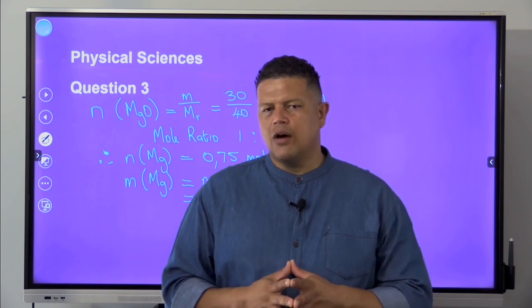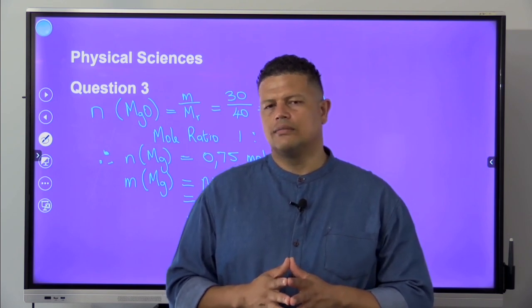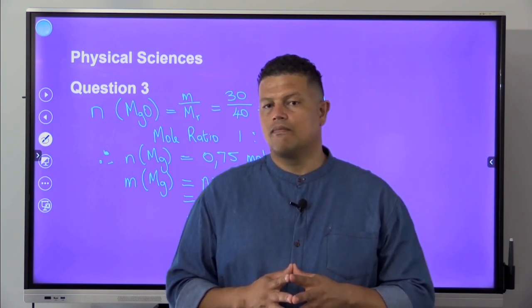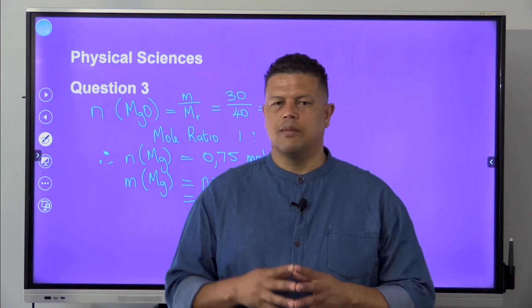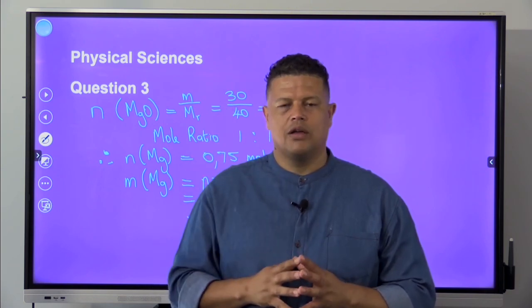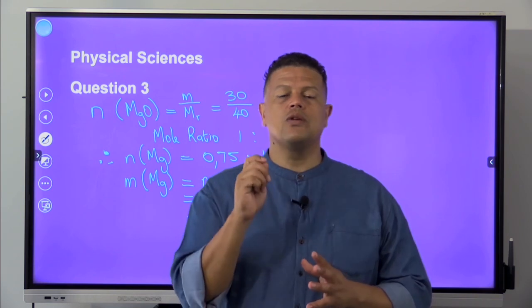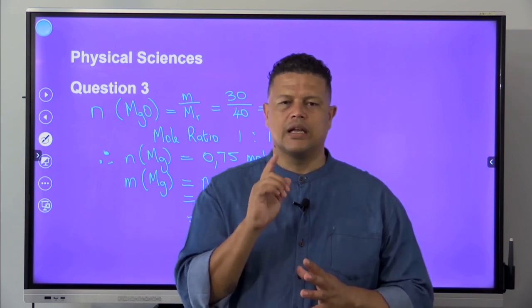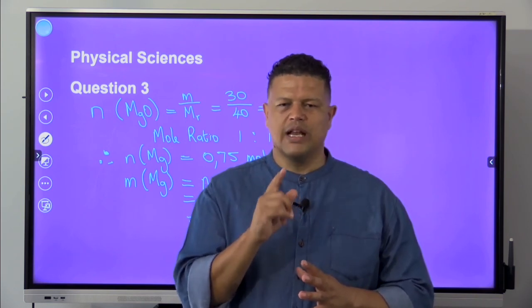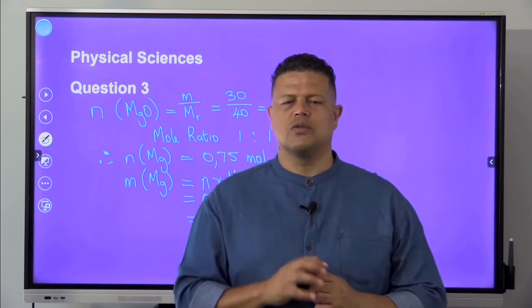Is the 18 our final answer? What do you think? No? Somewhere there's a warning going off. Something is still not right. And you are correct when you're thinking about that 80%. That 80% was very important. Let's have a look again at what the question was saying.